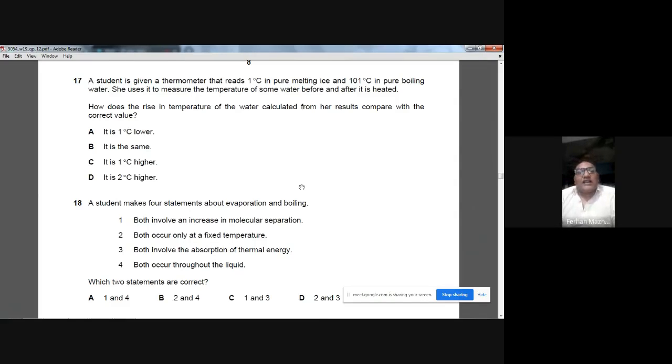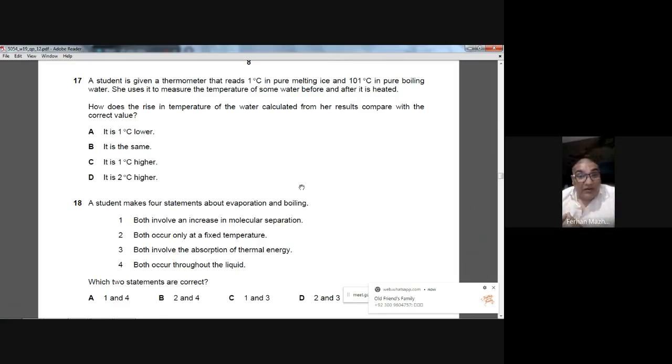Because when you calculate the rise in the temperature, that will be the final temperature minus the initial temperature. Although the final reading will be 1 degree larger and the initial reading is also 1 degree larger than the accurate or actual value, when you take the difference it will be the same, whether you use an accurate thermometer or whether you use this one which has a little bit of zero error.